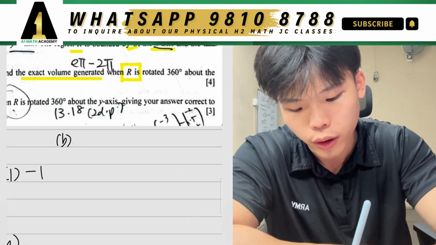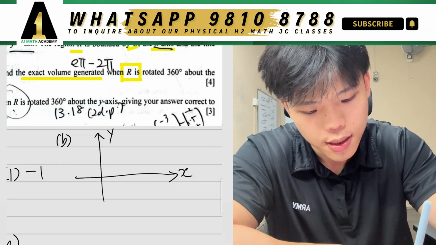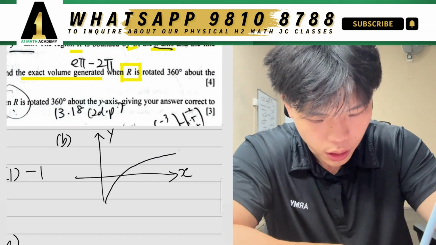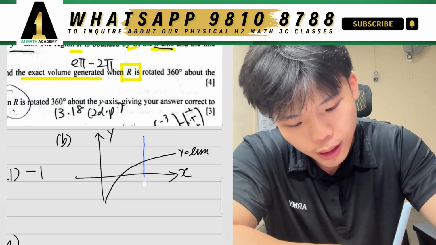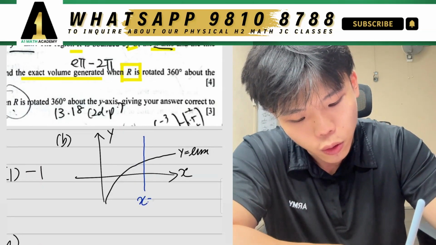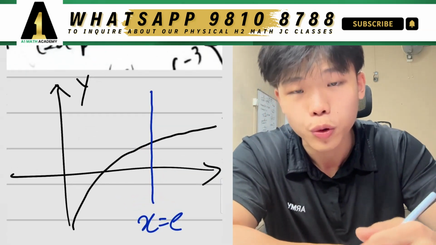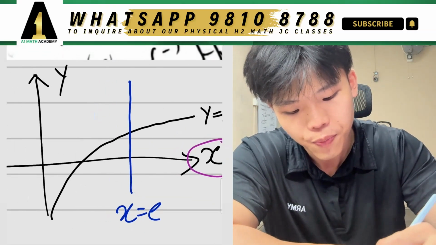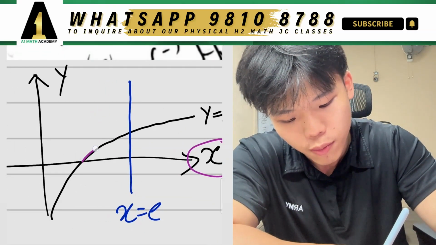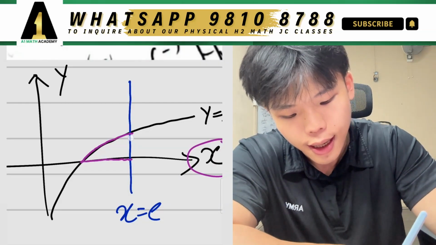If you key in the graphing function, you can see that this is y equals ln x, and this is the x equals e portion. We are trying to find the volume generated when it's rotated about the x-axis. This is the region bounded by the curve, which is this yellow portion, the x-axis and the line.